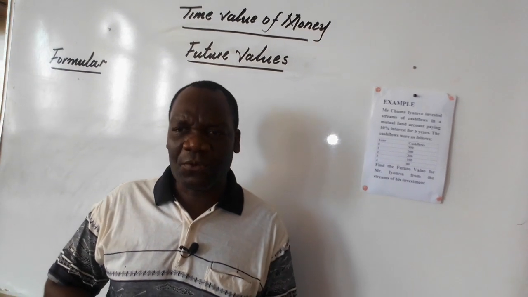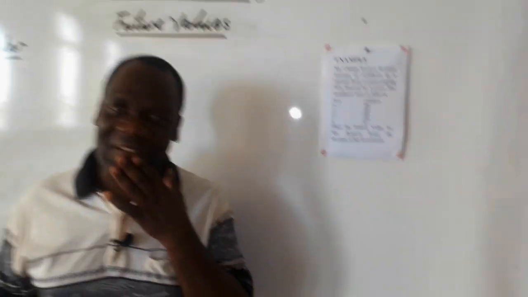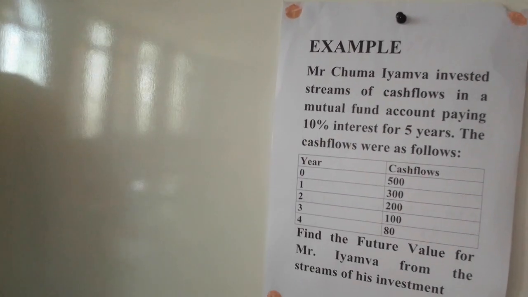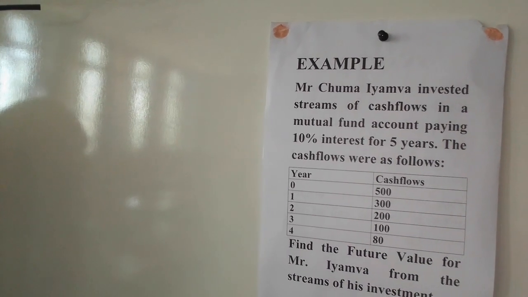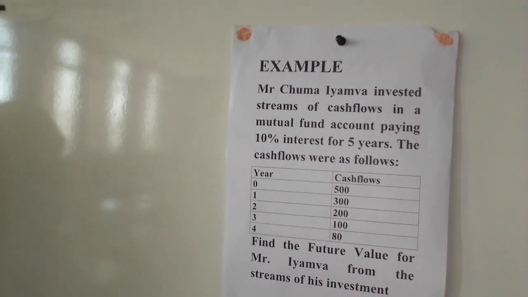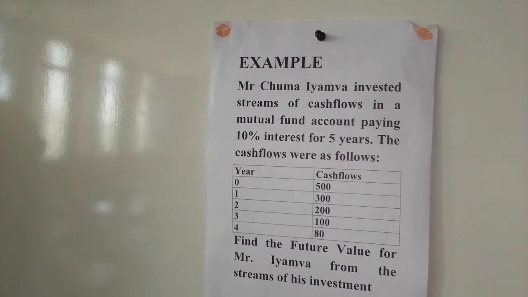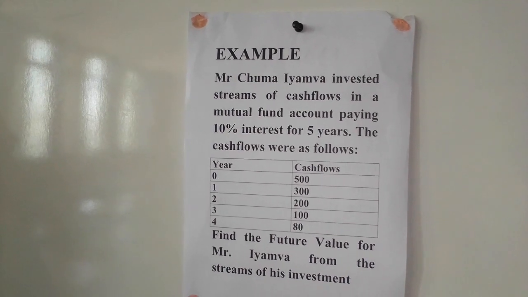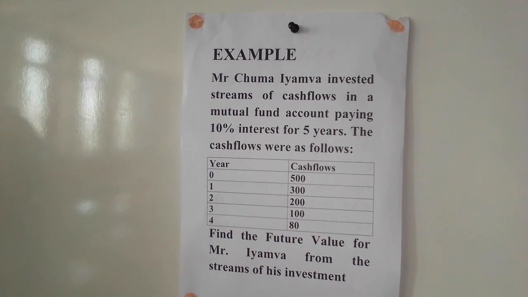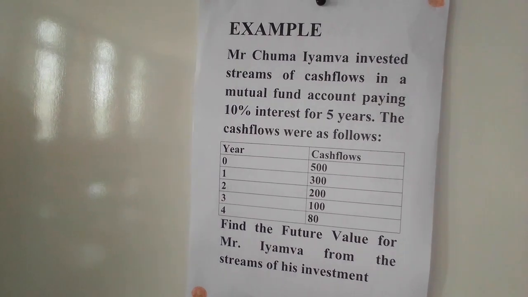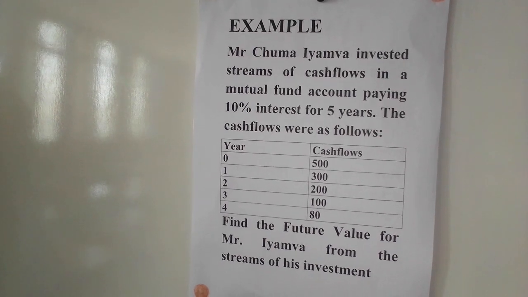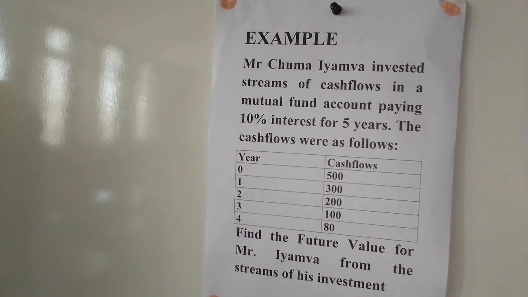Now, I want us to look at the example that is on the board. In this example, we have Mr. Chuma Iyamvwa, who invested streams of cash flows in a mutual fund account, paying 10% interest for 5 years. The cash flows were as follows.